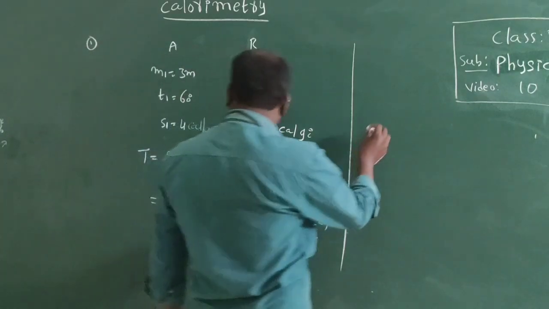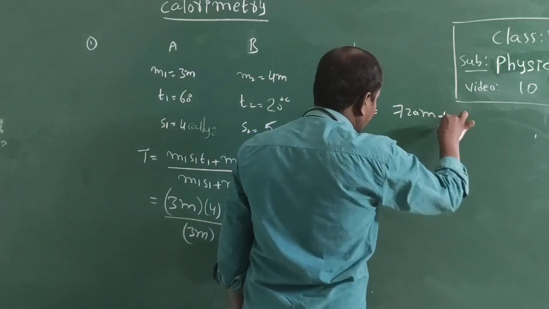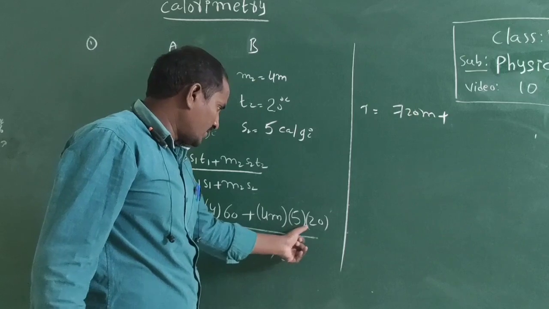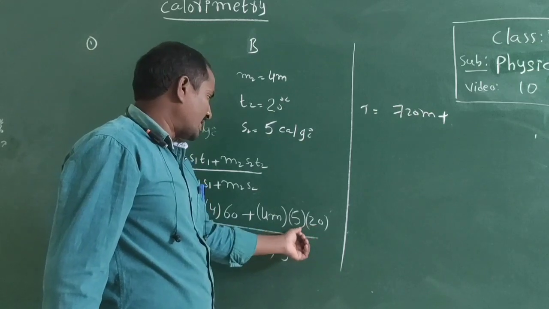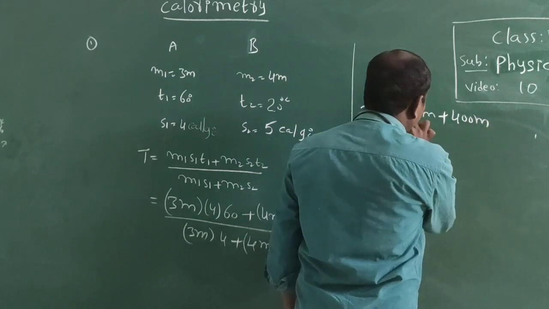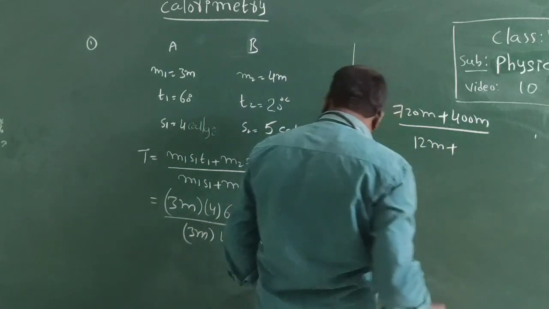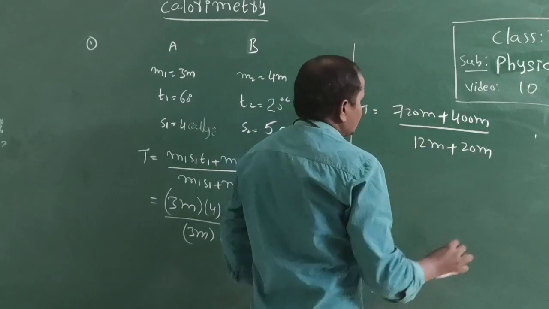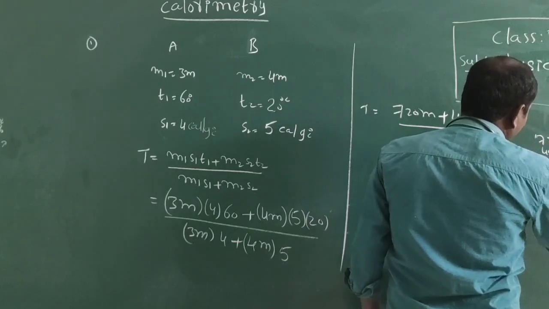720. So 12m into T equal to 720m plus 4m into 5 into 20, 100 into 4, 400m. So 400m by 3m into 4, 12m, plus 4m into 5, 20m, that equal to 720 plus 400, 1120.